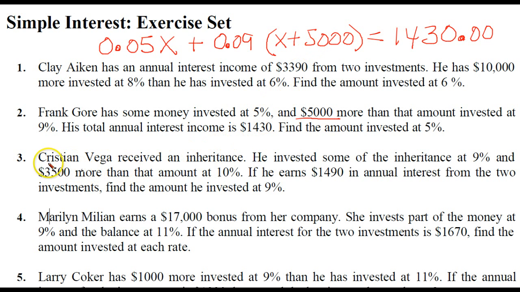So let's pause and read number 3. Well, as I read number 3, it's very similar to this one. He had some inheritance that he invested at X. Then he had some other part which was this much more than this, so this is going to be X plus 3,500, and this is going to be at 10% here.